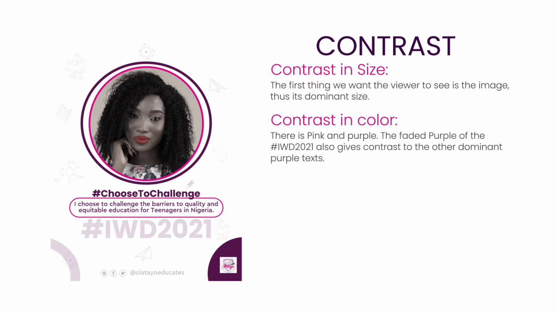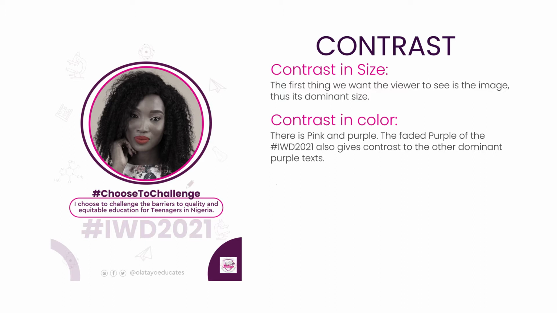So it's giving it a contrast, not making everything be on the same hierarchy, not everything just shouting, but making that one very mild. However, the hashtag IWD 2021 already has dominance with size, so we should not give it dominance with color as well.